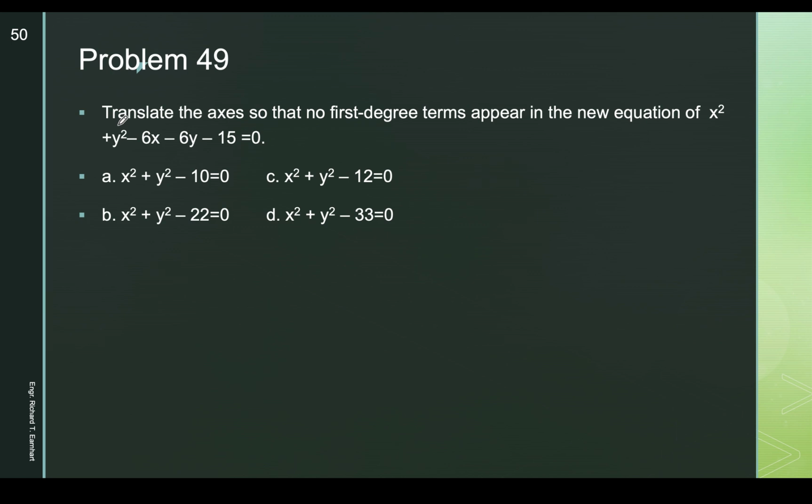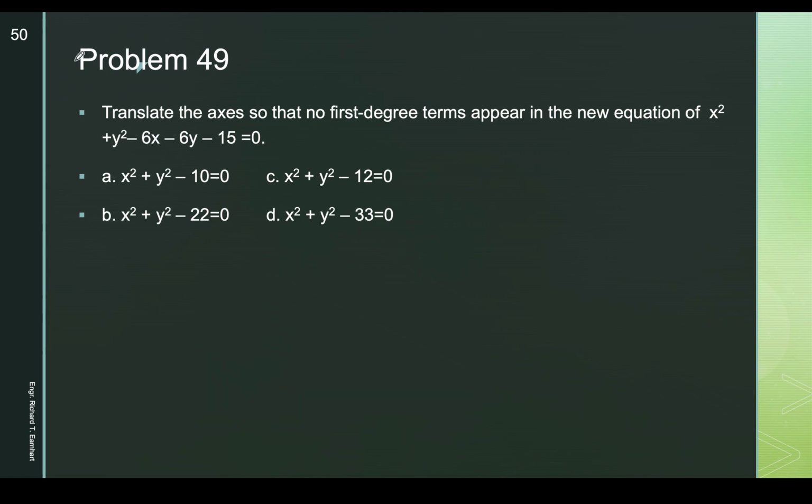Translate the axis so that there will be no first degree terms appear in the new equation of x squared plus y squared minus 6x minus 6y minus 15 equals 0.